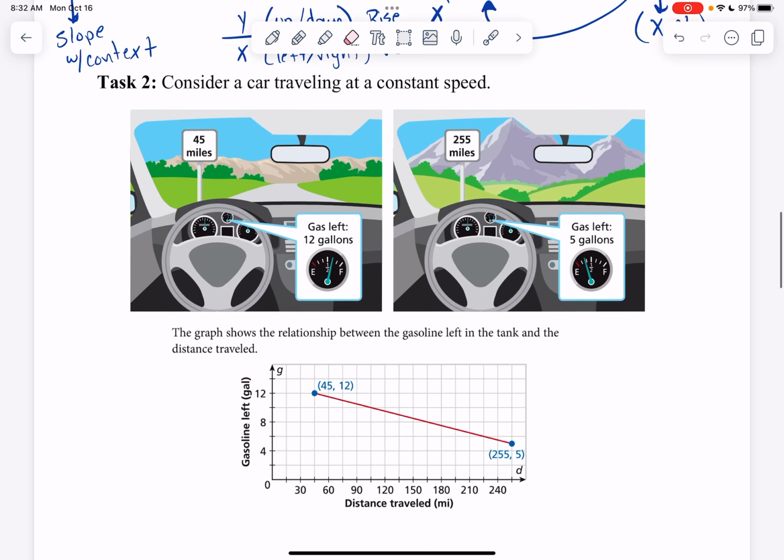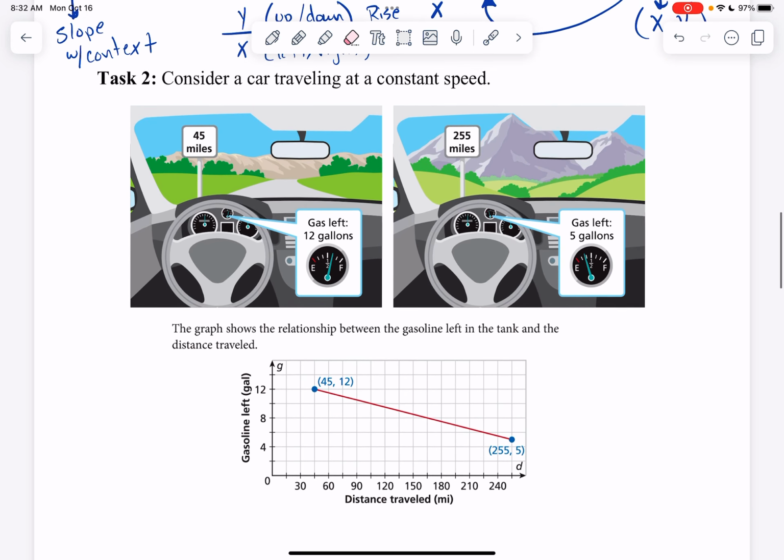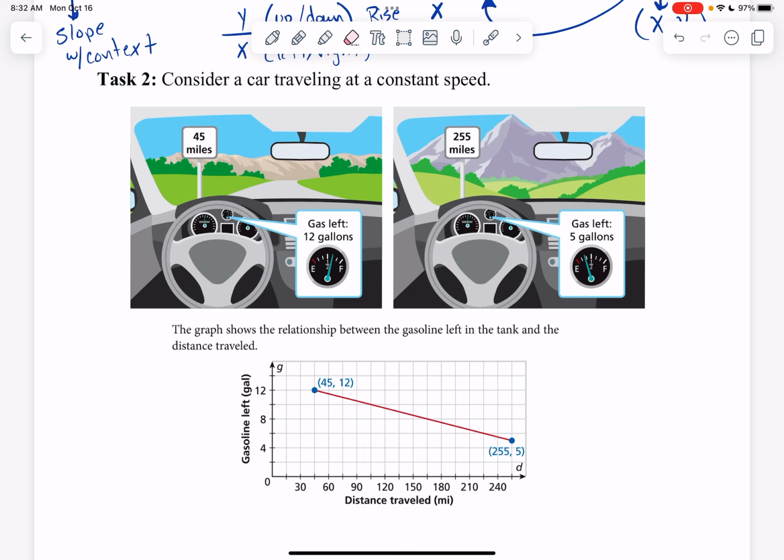Okay, so like in this problem, here we have a car traveling at a constant speed. So the speed doesn't ever change. That speed is constant. And we know that if I've traveled 45 miles, I have 12 gallons of gas left. After 225 miles, I have 5 gallons of gas left.